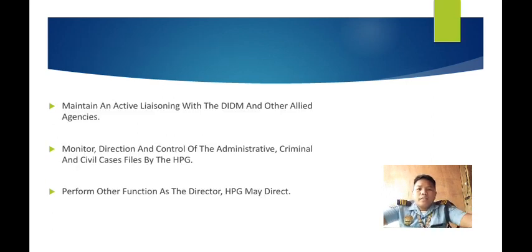Maintain an active liaison with the DIDM and other allied agencies, which are government agencies here in the Philippines. Monitor direction and control of the administrative, criminal, and civil cases filed by the HPG. Perform other functions as the Director HPG may direct.